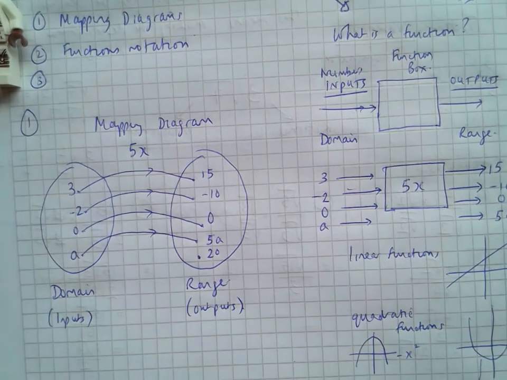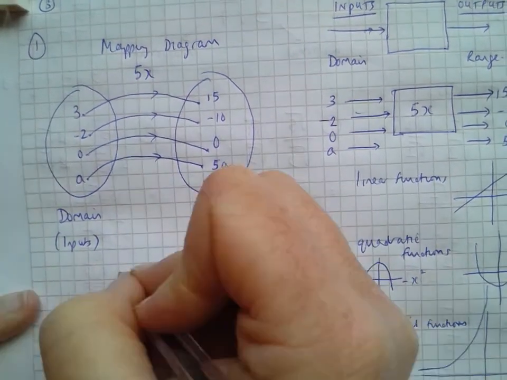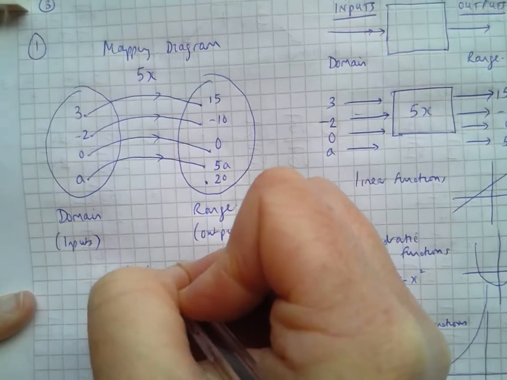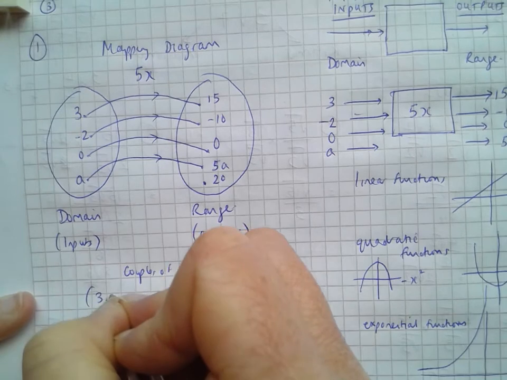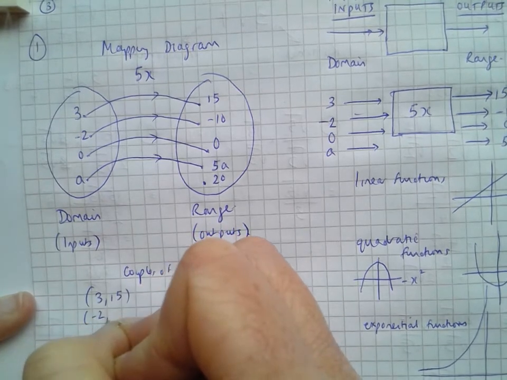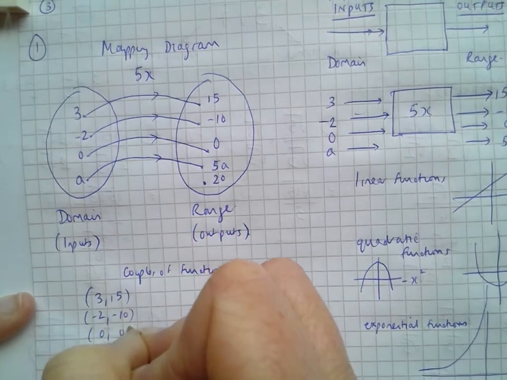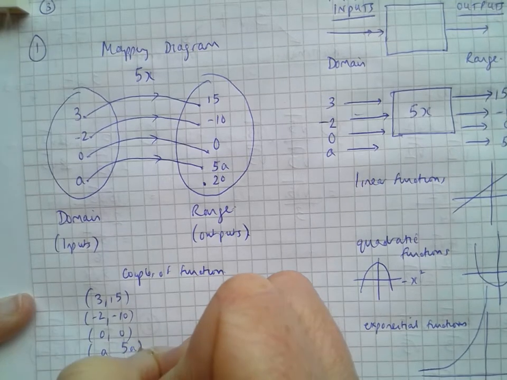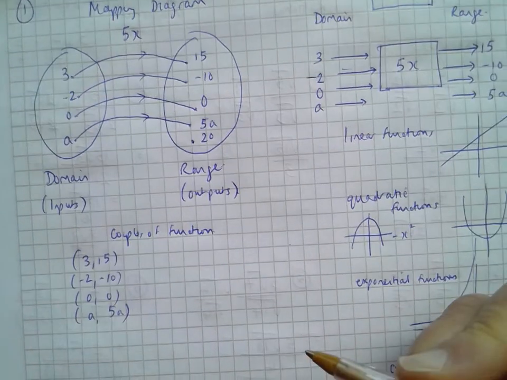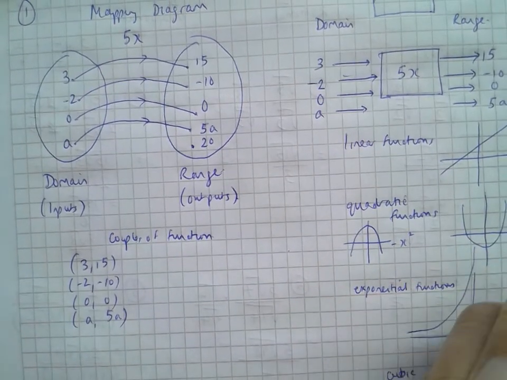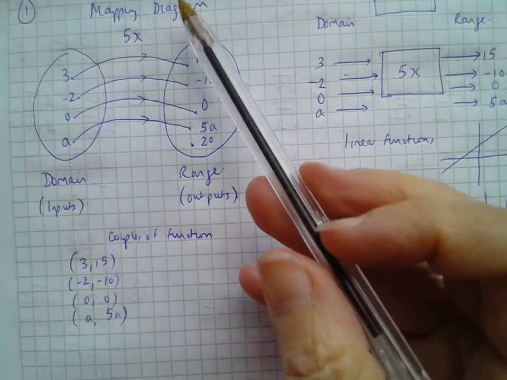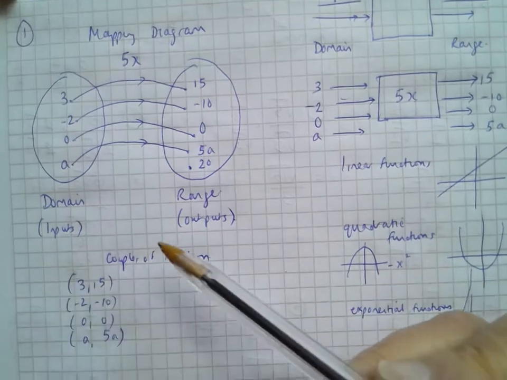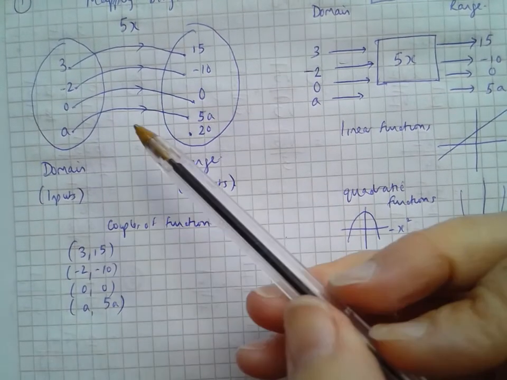And what we would say the couples of the function would be: 3, 15; minus 2, minus 10; 0, 0; and a, 5a. I hope you can recognize that they look like points from drawing a graph, like coordinate points. So mapping diagram, domain, range, inputs, outputs. Remember, each input only has one output.